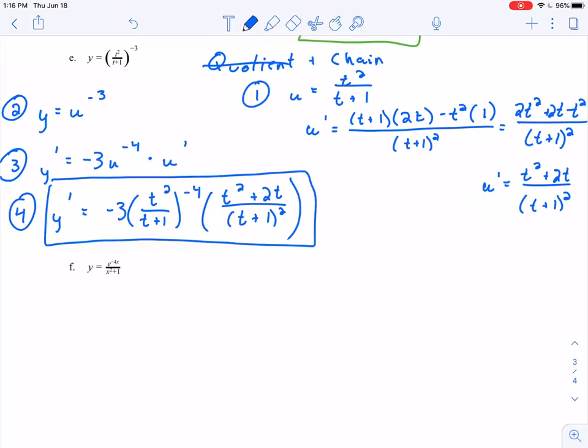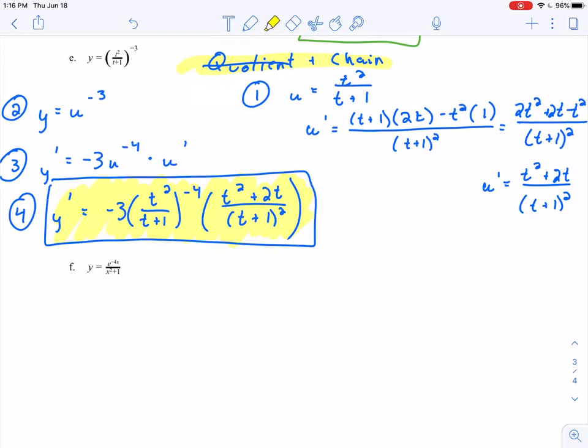But generally, these problems are difficult enough that I'll say, okay, if you can get it to this stage right here and not really worry about simplifying it, that's what I want to see. Because you have then shown me at this point that you know how to use the quotient rule and the chain rule. And that's really what I'm interested in. The rest after that, that's just algebra. I'm not too worried about that. I'm worried about, can you use the quotient rule and the chain rule together in one single problem.